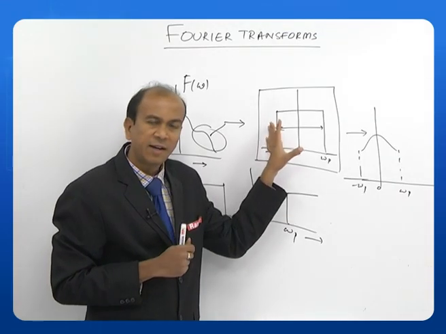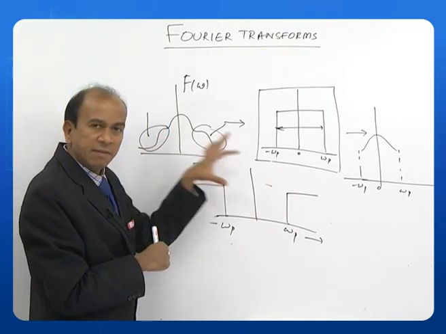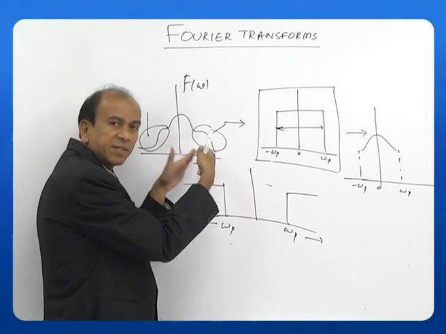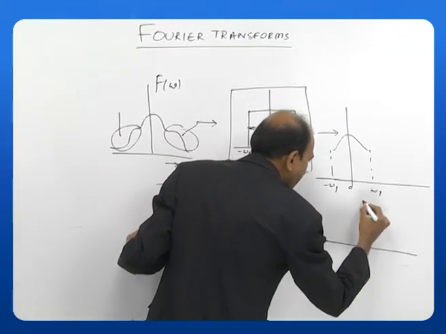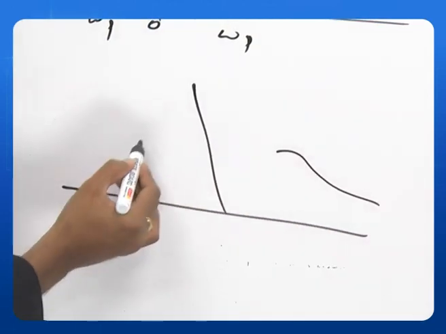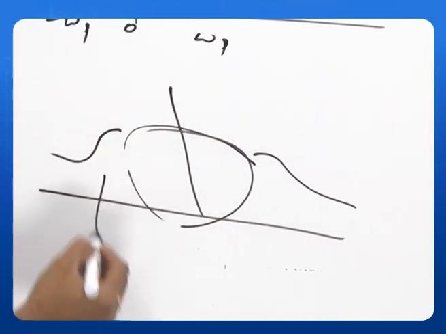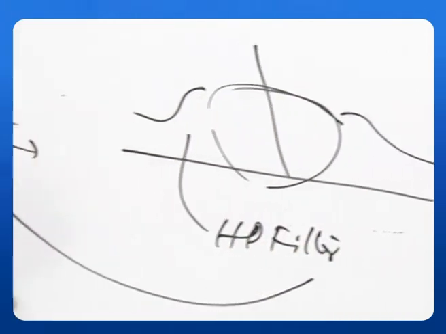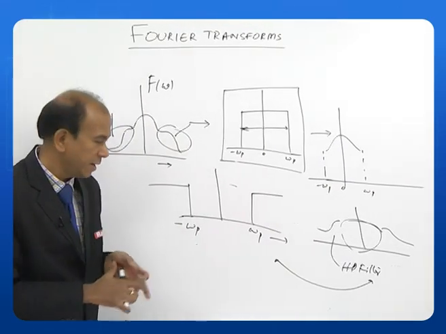Earlier, in low pass filtering, we removed the high frequency components. Now this particular function will eliminate the low frequency components, but it will pass high frequency components. So, what will I get in the output? I will get something like this here and here. See, there is nothing in between. So, this is called a high pass filter. This is the high pass filter and the output is this. So, this is how convolution can be used in filtering.